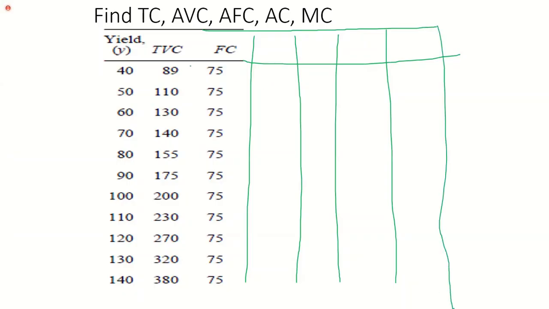It's asking you to find the total cost, and when you find the total cost, the average variable cost, average fixed cost, average total cost, so the average cost, and the marginal cost.